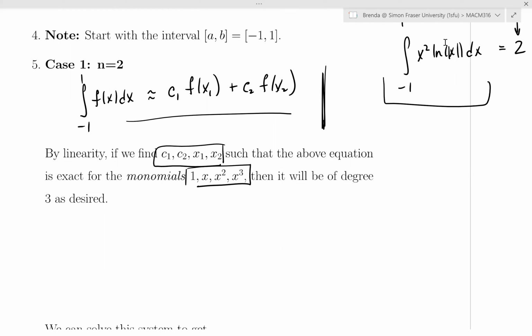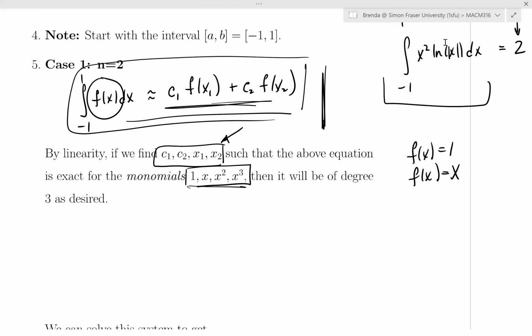So when f of x is equal to 1, I want my rule to work out exact. Okay, when my function is f of x equals x, I want my quadrature rule to be exact. And I have four of them because I have four things I can choose. So I can choose those four things to force these four functions to be exact using this quadrature rule.